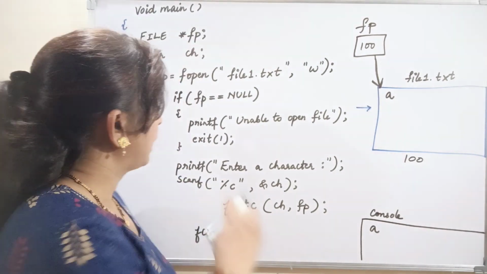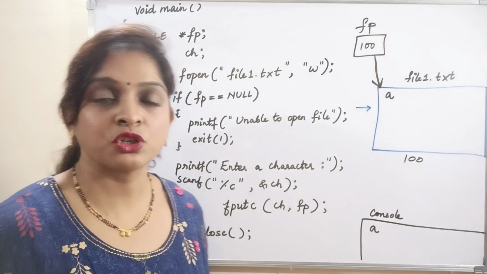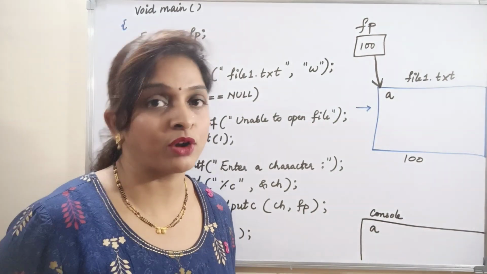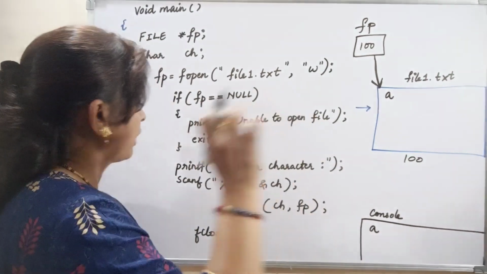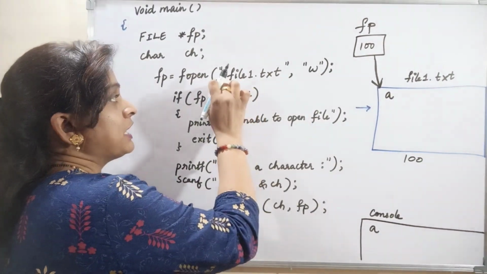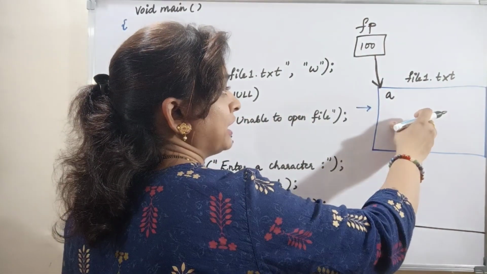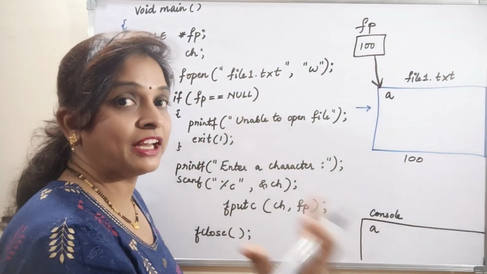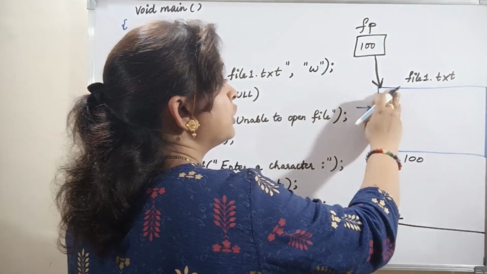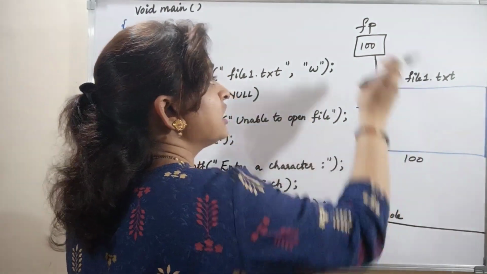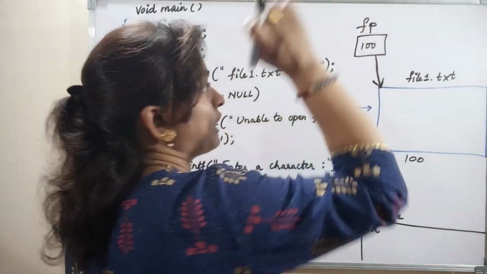And to get the definition of this in Visual Studio Code, we need to include one more header file, #include <stdlib.h>. Now, if the file pointer is pointing to a file, let us assume it is a new file, a new file will be created and that new file's address will be stored in this file pointer.